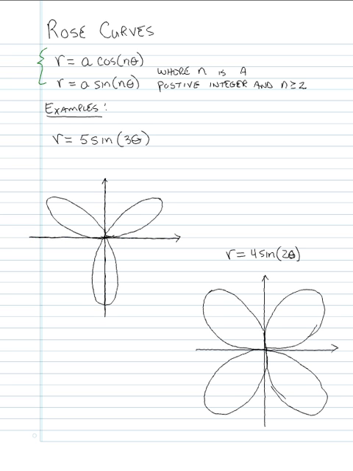Well, they were named rose curves by an Italian mathematician. The name rose curve, in Italian, obviously I don't speak Italian, I think it's Rodonea. Okay, that's rose in Italian.